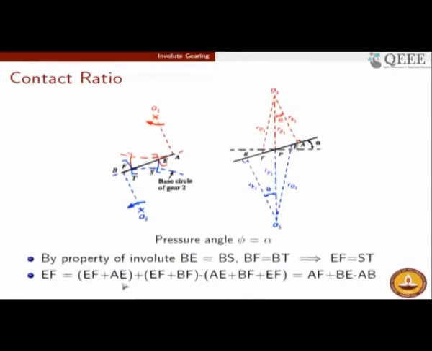Now EF plus AE, EF is this and AE is this, is obviously AF. Similarly EF plus BF is BE, and this last bracketed term, AE plus EF plus BF altogether, is AB. So EF, which is the length of the contact, is going to be AF plus BE minus AB, and we will determine each of these lengths.